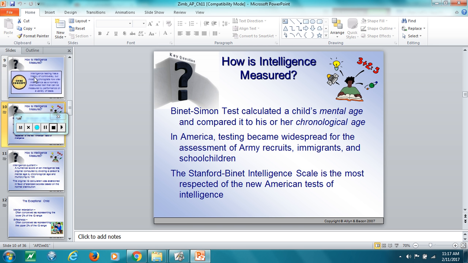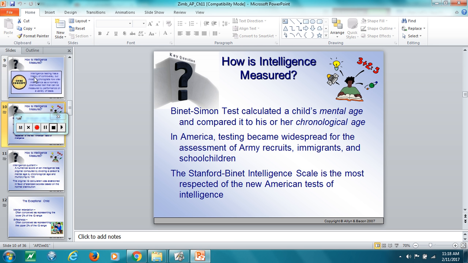There were basically four features. The idea was that this test would be an estimate of an individual's current performance. It would help identify students who had special needs. It would help with the training and opportunities that would affect intelligence. And this test itself was also very empirical.